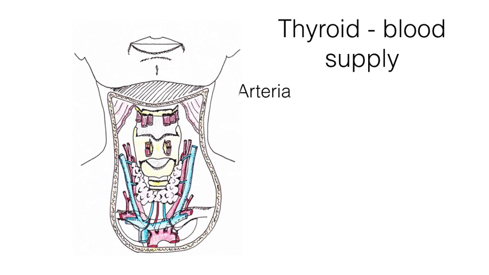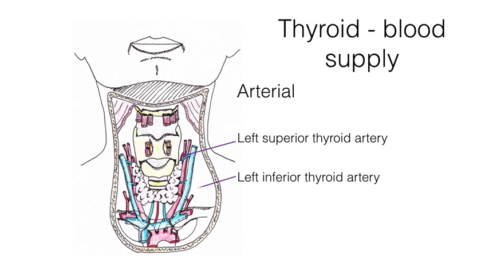Now let's have a look at the arterial blood supply. The thyroid gland is supplied by two pairs of arteries: the superior thyroid artery and the inferior thyroid artery. And very rarely there can be an IMA artery which supplies the inferior border of the isthmus.